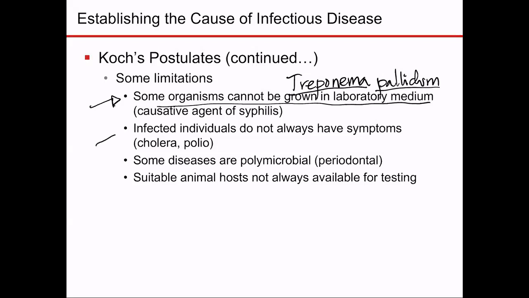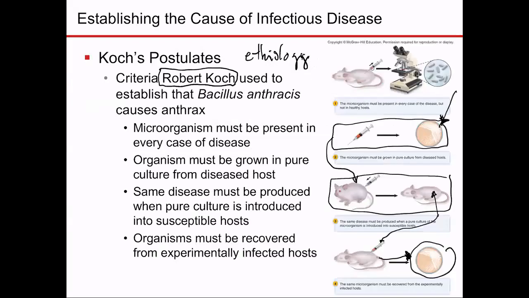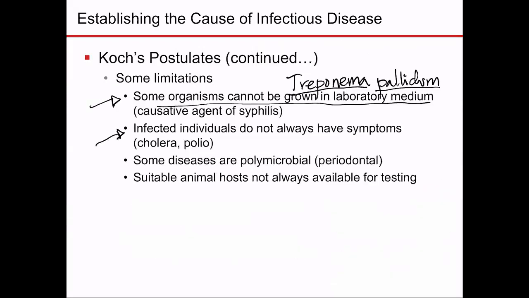The other thing is that, in the previous slide, I was mentioning that you have to isolate that from all the people that have the signs, the symptoms, but not from those who are healthy. Sometimes the pathogen may produce no symptoms, no signs of the infection at all. And this could be, for example, a carrier who has a subclinical or asymptomatic infection.